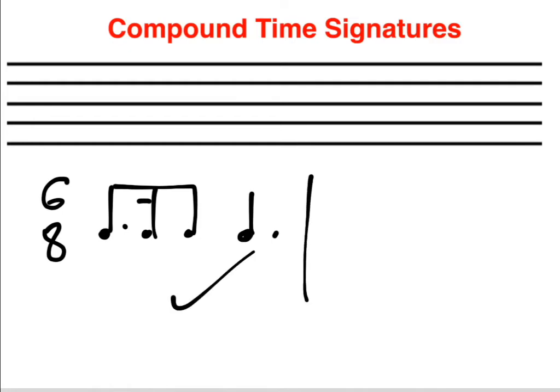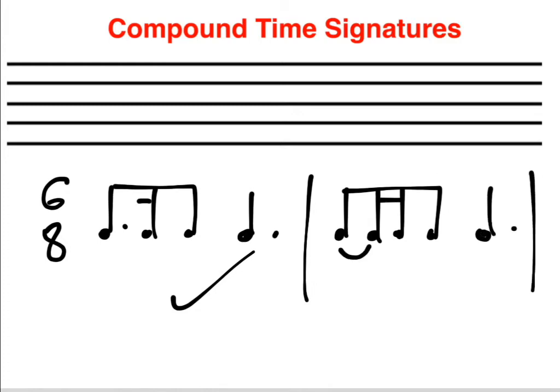That is completely fine, but you would never write it with a tie. Okay, so you would never do something like this. That tie is unnecessary. Okay, so you just keep the dot where it was. So that's perfectly fine. Whereas if you put a tie within a beat, you never really do that in compound time. Okay, so avoid ties within a beat.